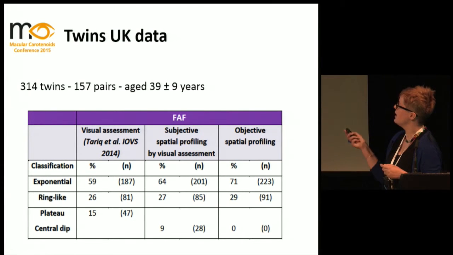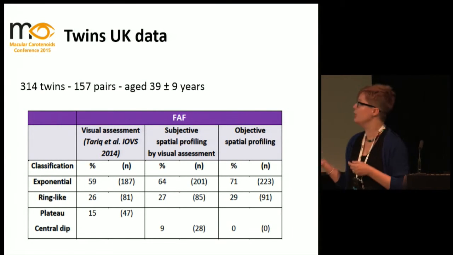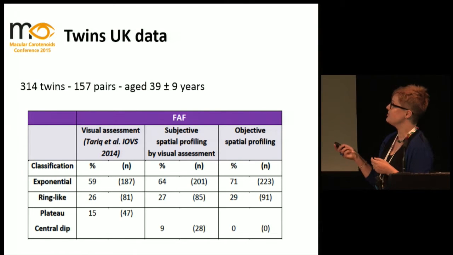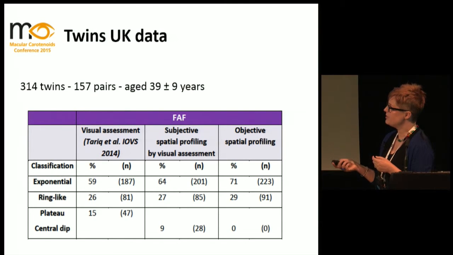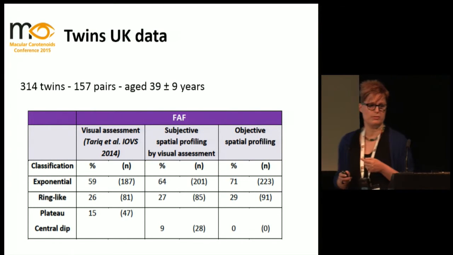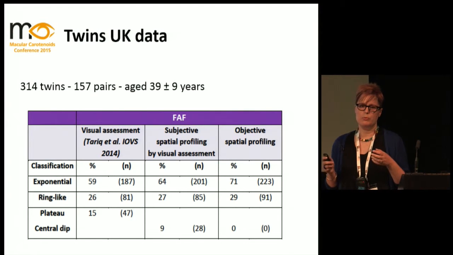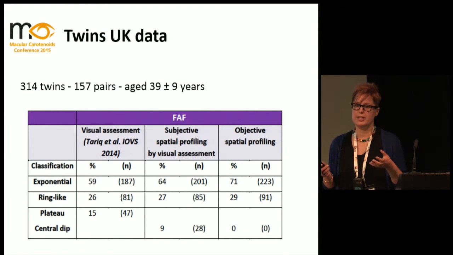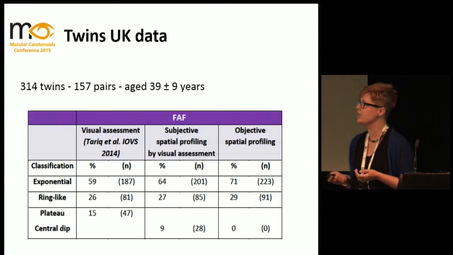We compared our objective spatial profiling to an experienced observer looking at all the images again, using the same classification or the same definitions for exponential, ring-like, and central dip. And what we found is actually that we lost a lot of central dips when we did it in the objective way. And really from that we concluded that visually it seems that we tend to overestimate these non-exponential profiles.